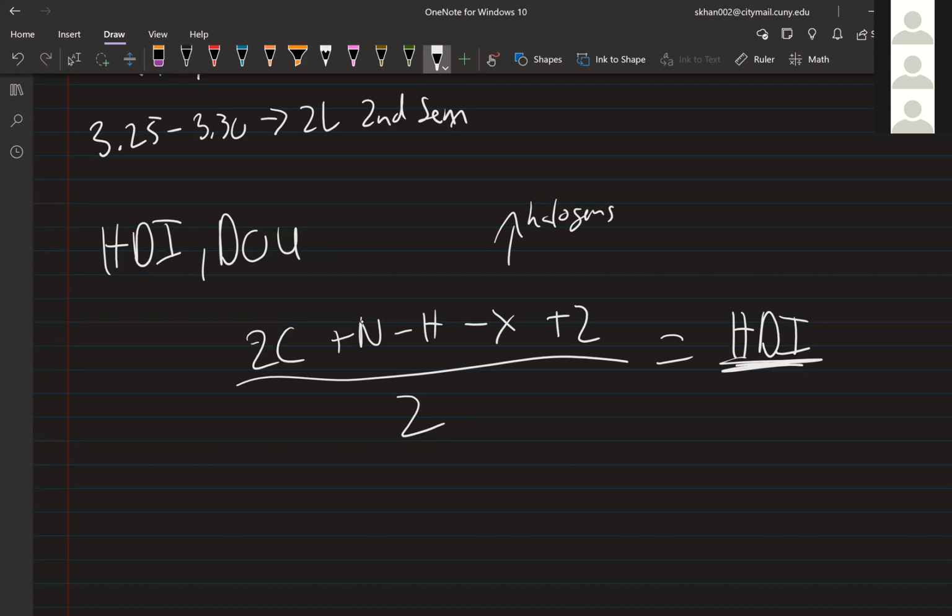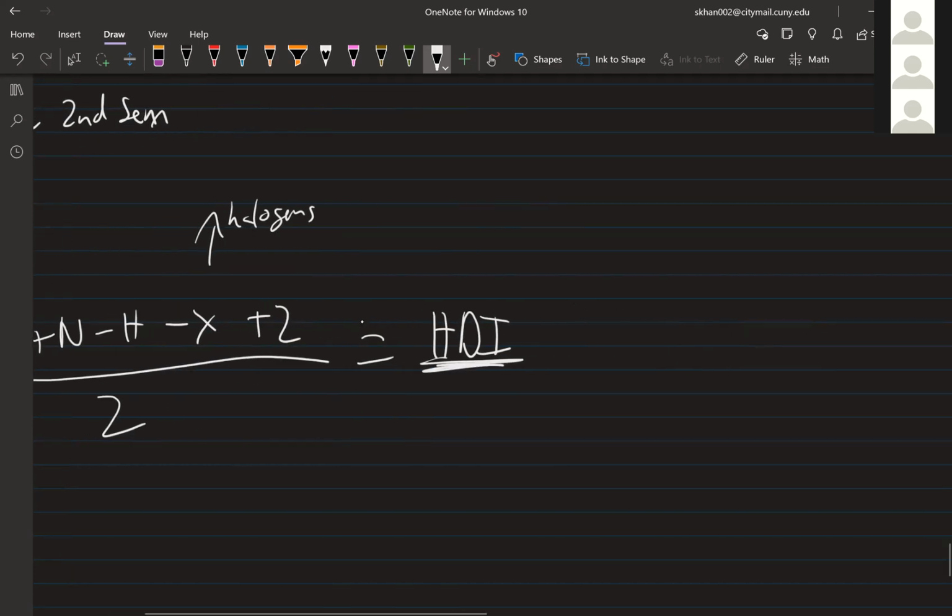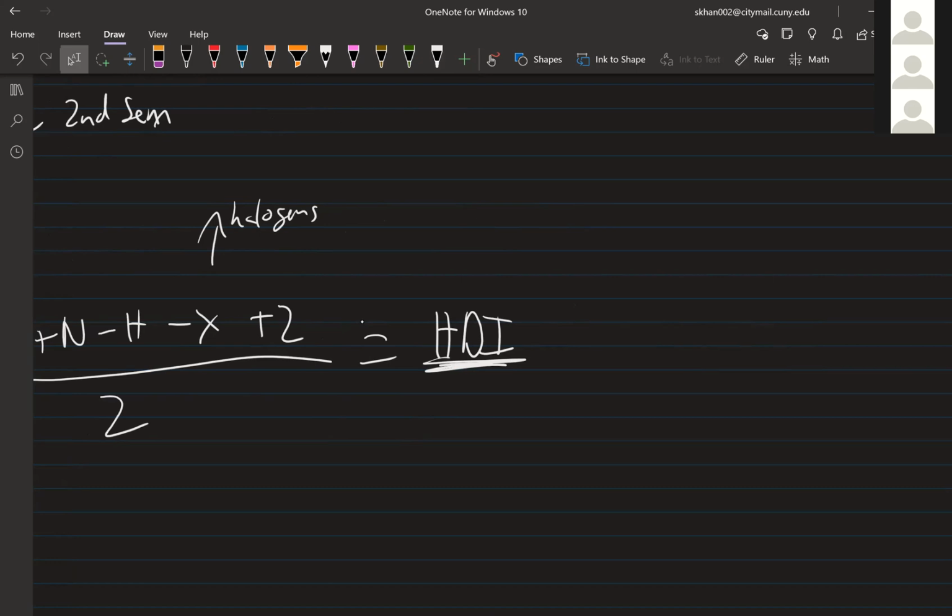That tells you the degrees of unsaturation, or how deficient you are in terms of hydrogens. Any degree of unsaturation is something like an alkene, that's 1 degree, or a ring counts as 1 degree.